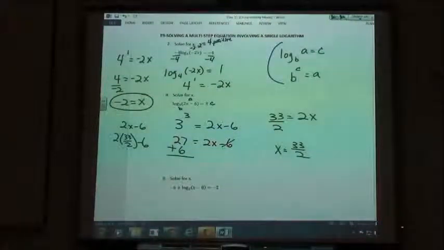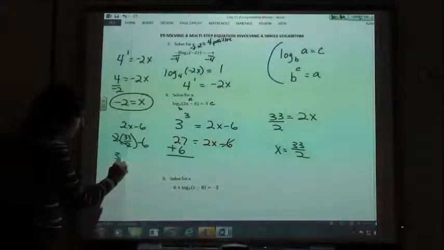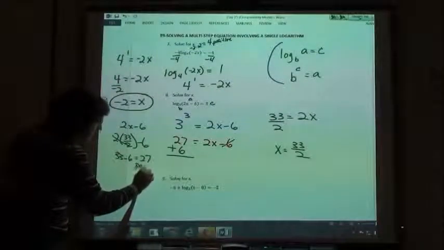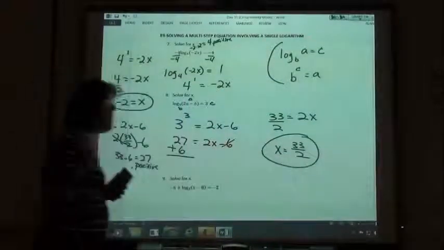So we're going to do 2 times 33 over 2. I don't need my calculator for that because the 2's cancel out, minus 6. So I get 33 minus 6, which is 27. Since that's positive, then we're okay. This is going to be my answer.